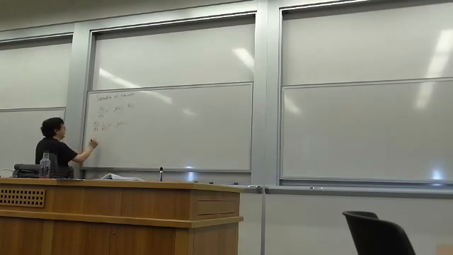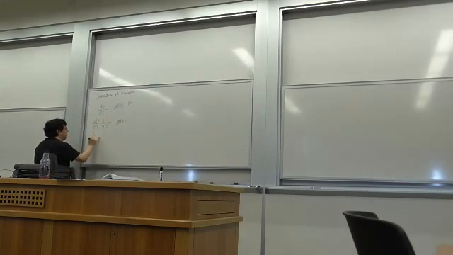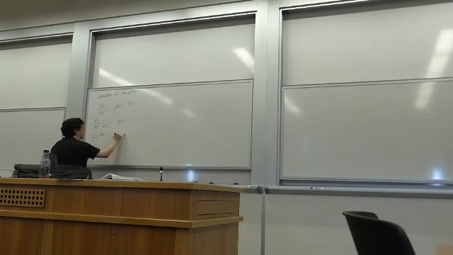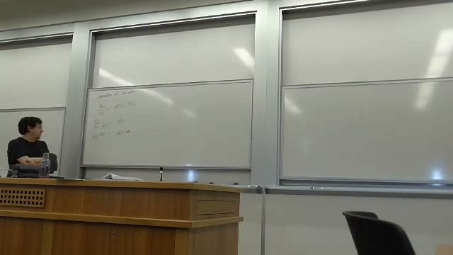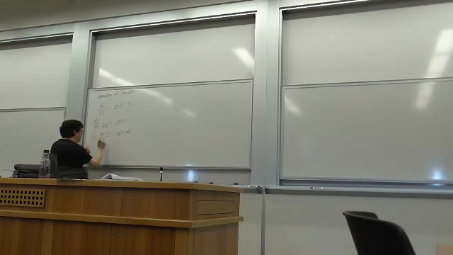We say this is 1 over f of y dy equals g of x dx. This doesn't really make any sense. You can't take a derivative and break it up into the dy and the dx. But we'll show that this is valid in a second. Having separated the x's and the y's, we integrate both sides.